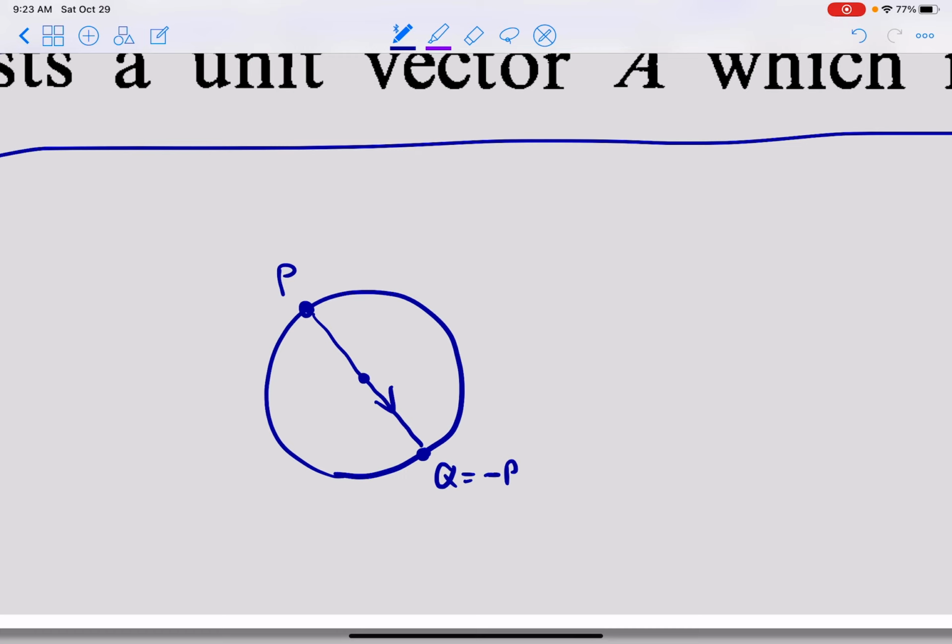We can't divide by 0. So we can't use our previous formula. But instead, we're allowed to assume that there's a unit vector A that is at 90 degrees with respect to p. And then all we do is say c(t) = cos t p + sin t A.